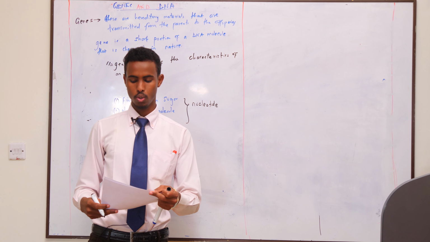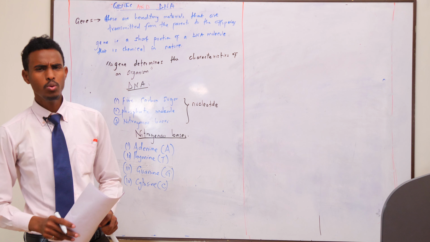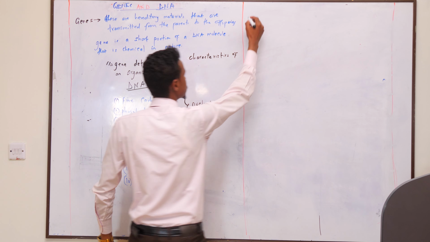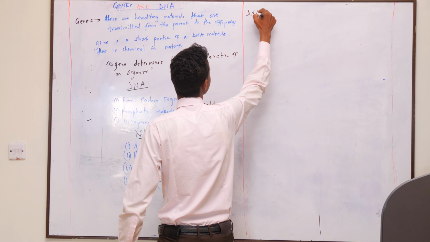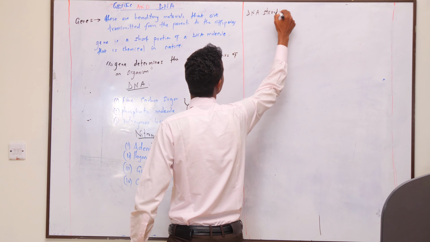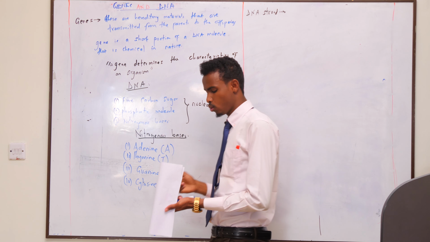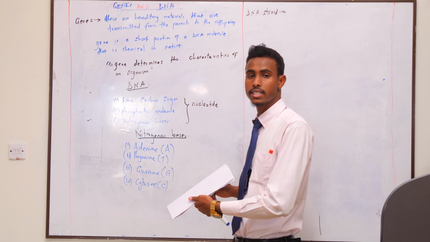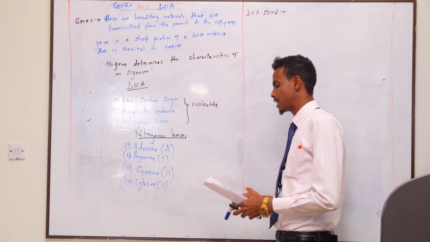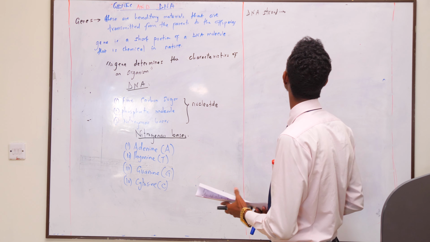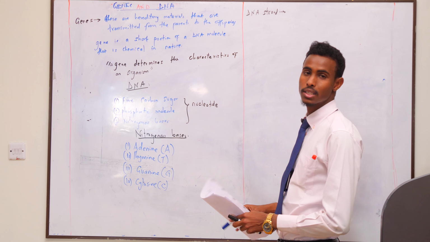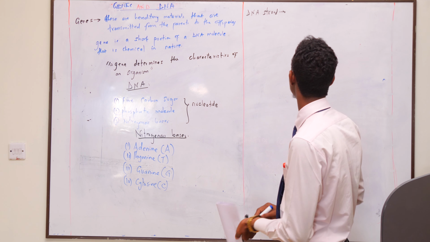Again, we have something called the DNA strand. Class, what do we mean by the DNA strand? A DNA strand is a combination of several nucleotides joined together.